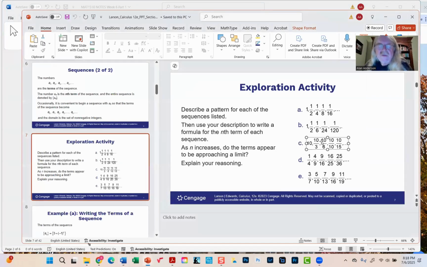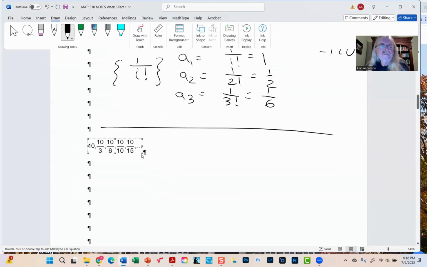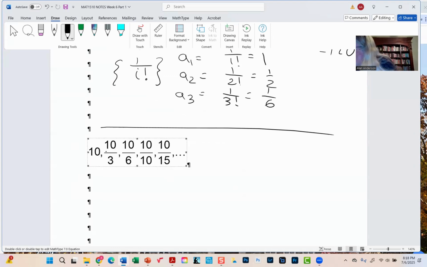What about this one? Now, this one's a little unusual. Let's see what's happening here. You should probably rewrite this first one as 10 over 1. So clearly 10 is always going to be in the numerator.